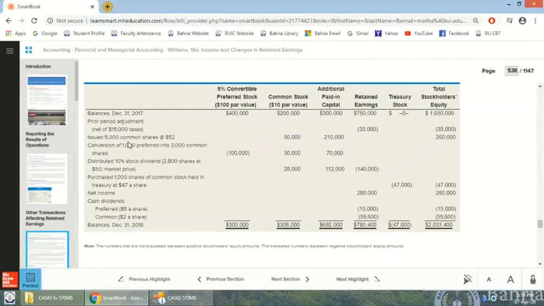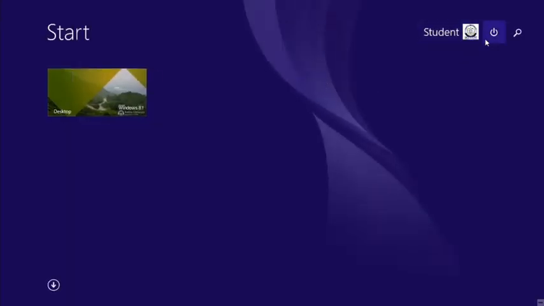Now, you can see that we have 5,000 common shares at 52. So when you get the total amount of 260,000, 5,000 times 52, I should also be able to compute it here for you.